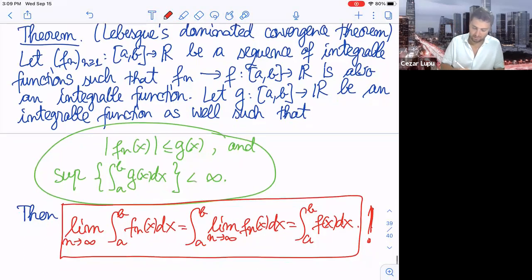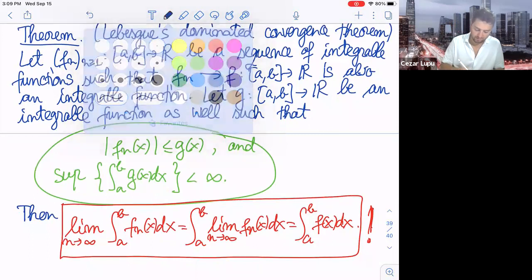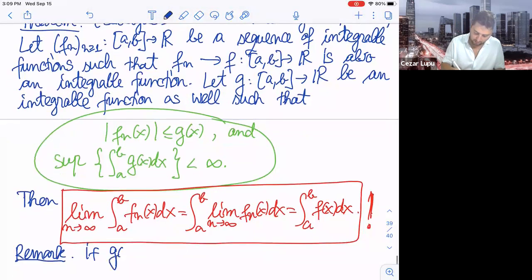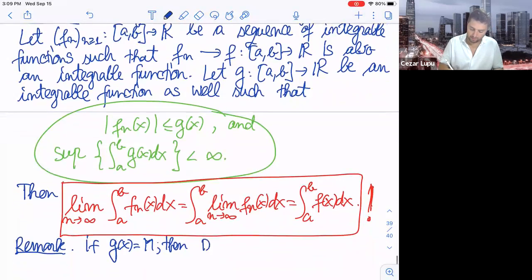So let me point out this remark: if g of x is a constant M, then the dominated convergence theorem is the bounded convergence theorem.